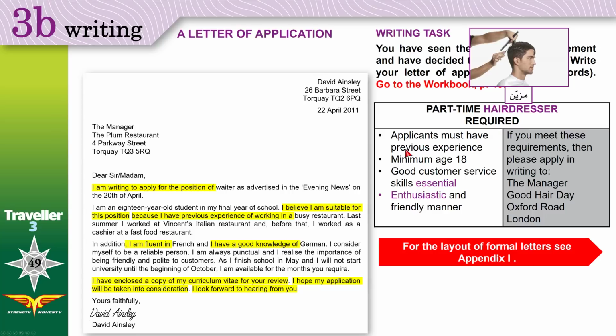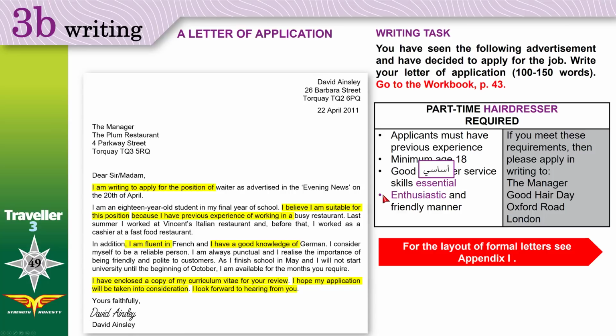Applicants must have previous experience. Minimum age, you must be at least 18 years old. Good customer service skills essential. That is very important. You must be enthusiastic, very interested, and friendly to people. If you are all these things, then please apply in writing.